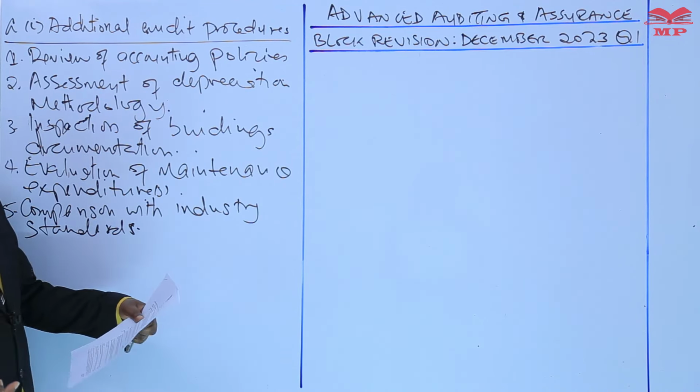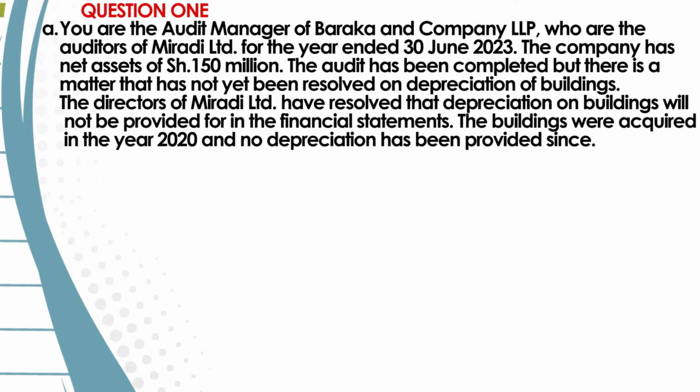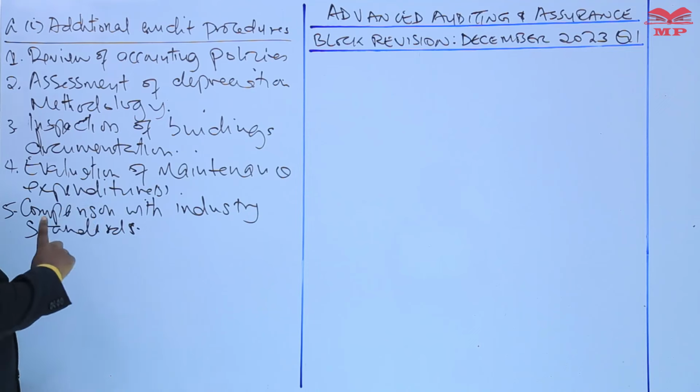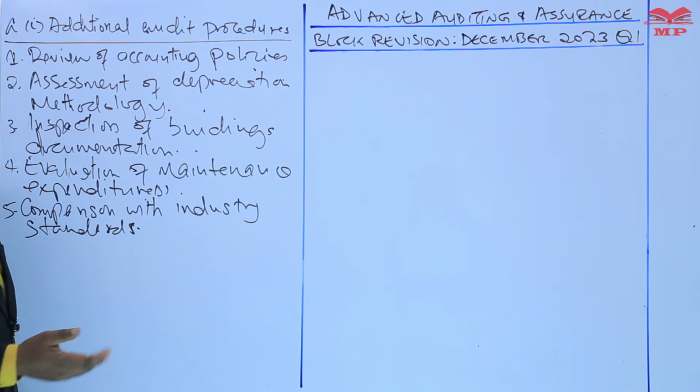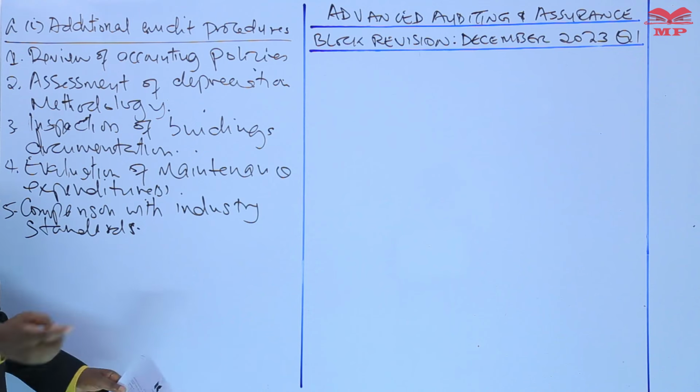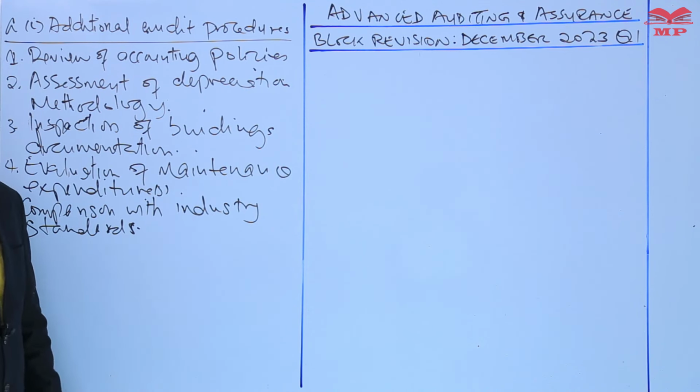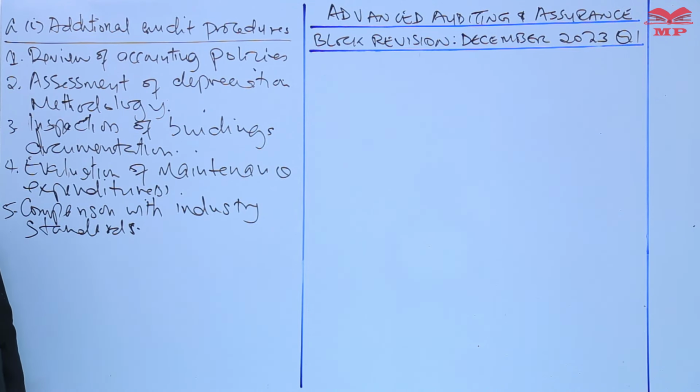So this is Miradi Limited. We have not been given information on the industry in which this company operates, but whatever industry it is, whether it is a banking industry or agriculture industry or whatever industry, the auditor should benchmark the practices within the industry vis-a-vis what the company is currently doing in relation to buildings.